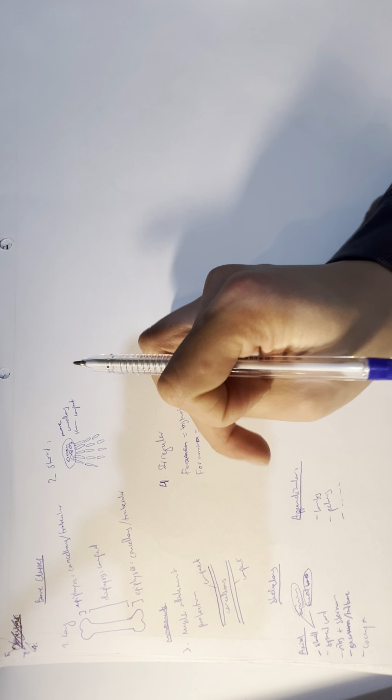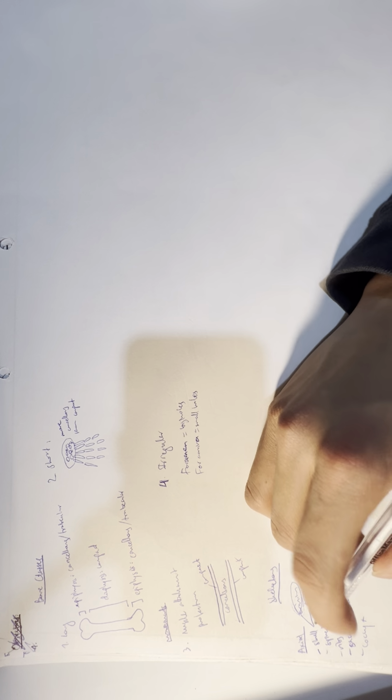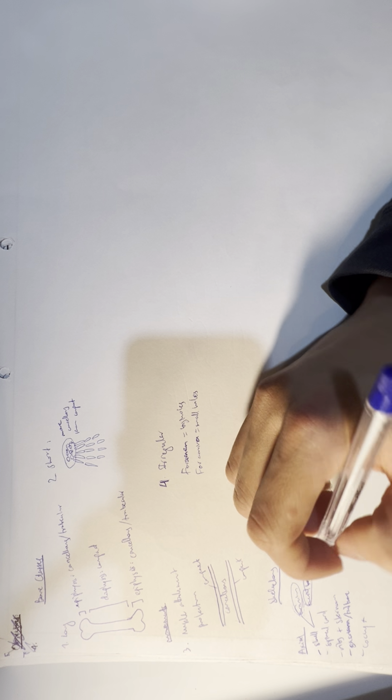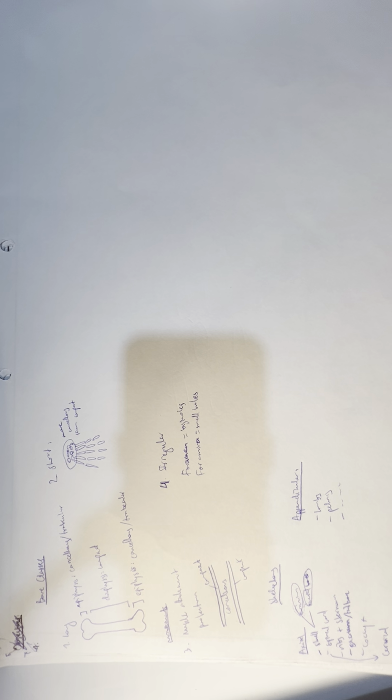And then you've got your vertebral column, which can be subdivided into different sections, and they can be named. You've got your cervical section, your thoracic, lumbar, and then just your sacrum and coccyx or coccygeal.